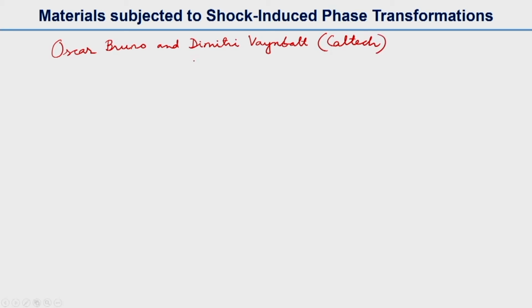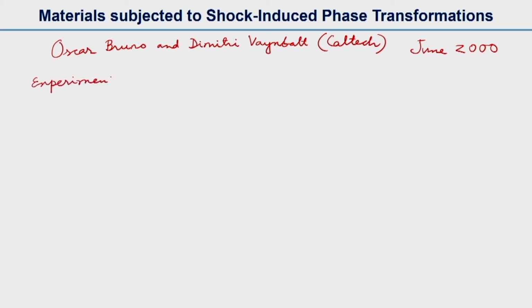That is a technical report published in June 2000, titled Shock Induced Martensitic Phase Transitions, Critical Stresses and Two-Wave Structures that solve the Riemann problem. So this is the reference we will be discussing.